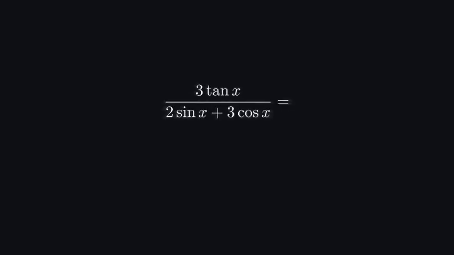3 tan of x over 2 sine of x plus 3 cosine of x equals 3 times 4 over 3, over 2 times 4 over 5, plus 3 times 3 over 5.